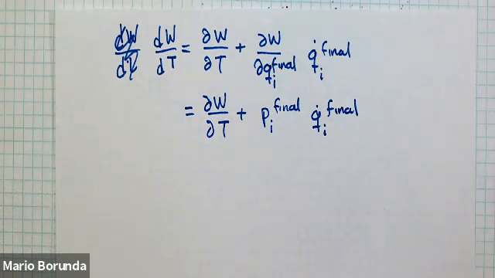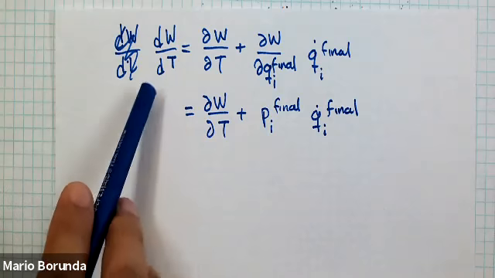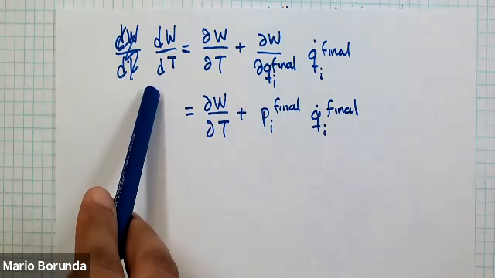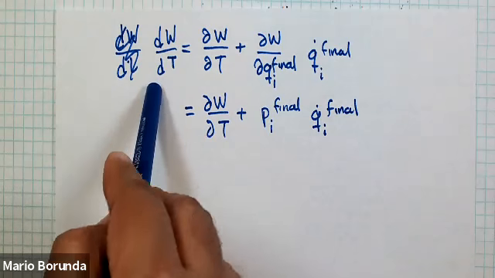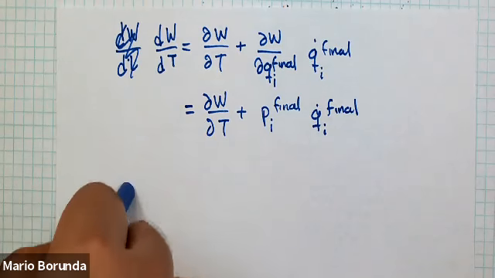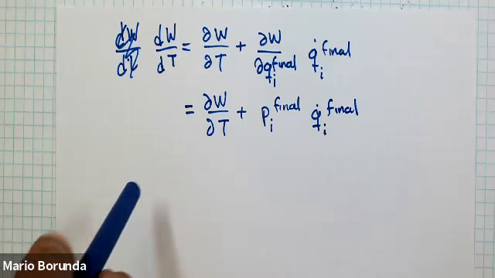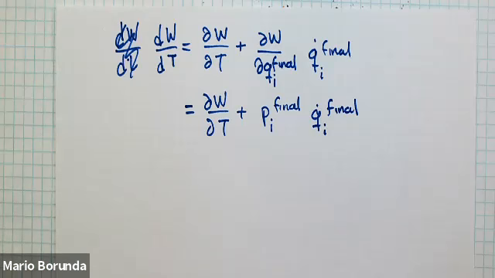Now, it turns out that this derivative is also easy to calculate. Because if I take the full derivative of the action with respect to the capital T time, what do I get?